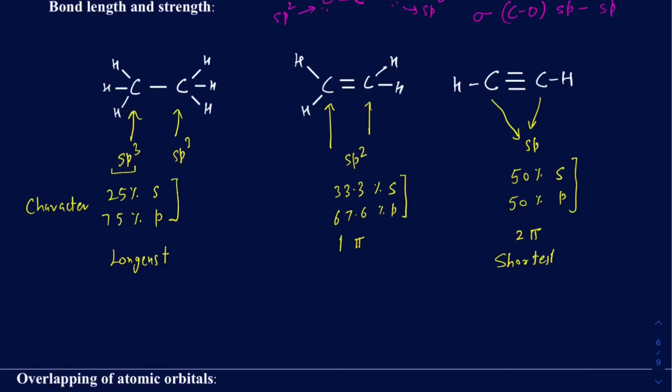And then in terms of the strength or the bond energy, your triple bond is going to have the highest bond energy, or you can also say they are going to be the strongest because they will need more energy to break.